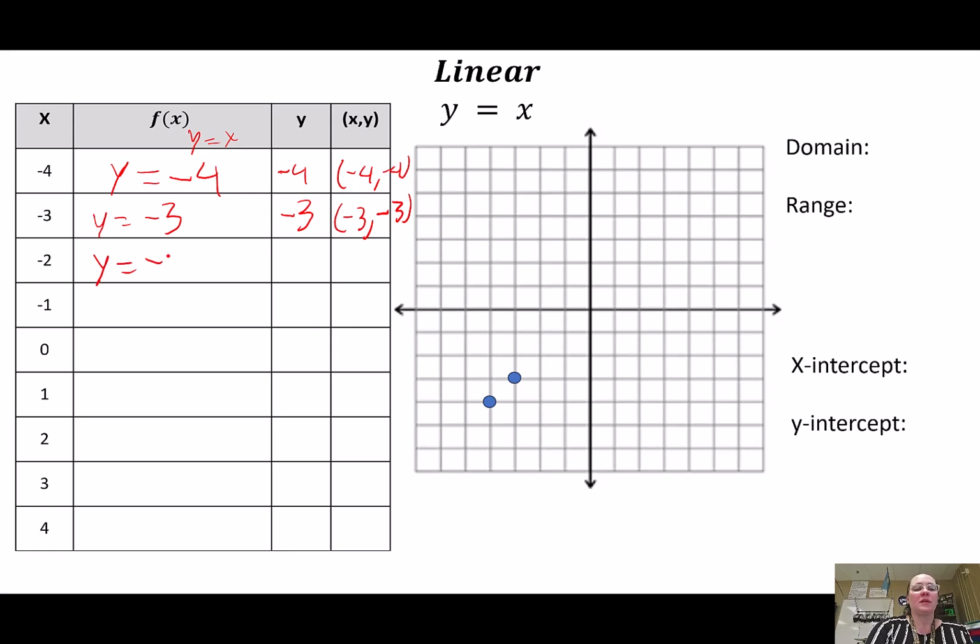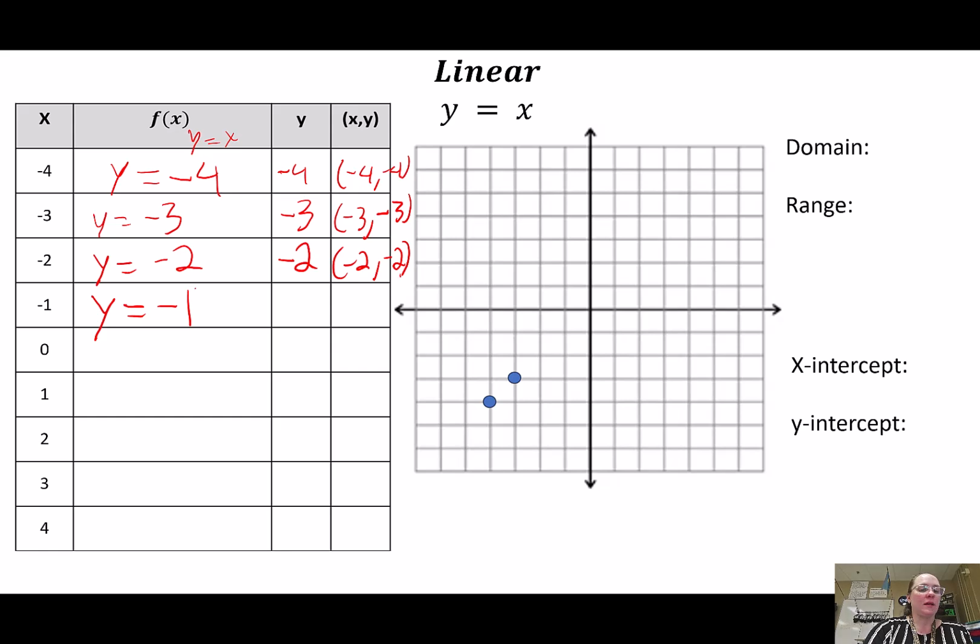Now x is negative 2. So when we plug in negative 2 for x, I get y is equal to negative 2. All right, I'm going to keep going, and then we'll finish plotting the points here in a second.